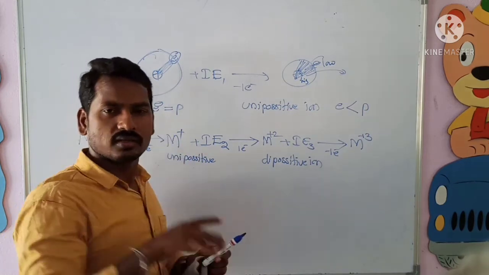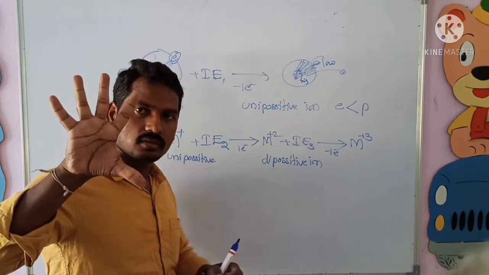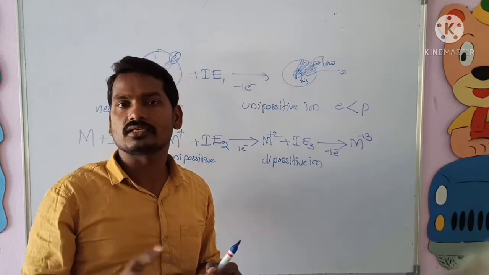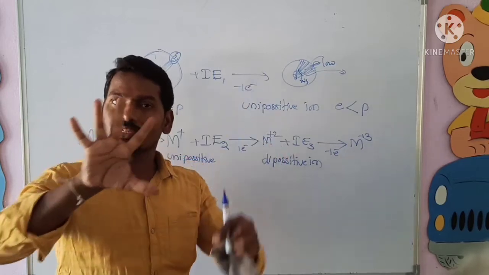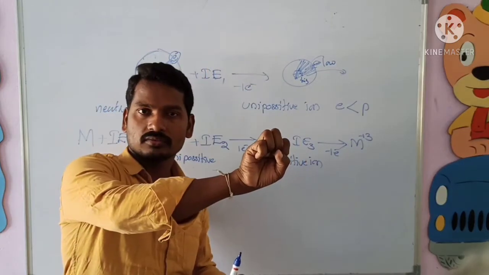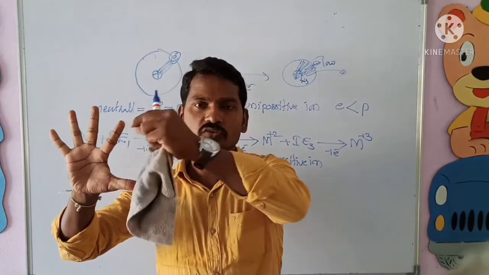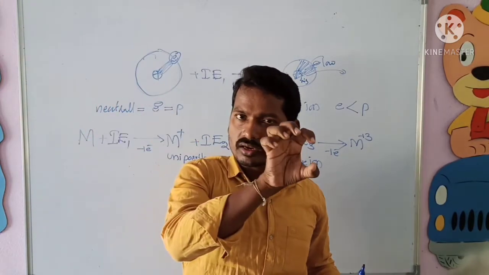In the first one, big size, less attraction, you can remove the electron somewhat easily. By losing one electron, the size will be contracted. In a neutral atom, this is the size; after losing one electron, the size is smaller.